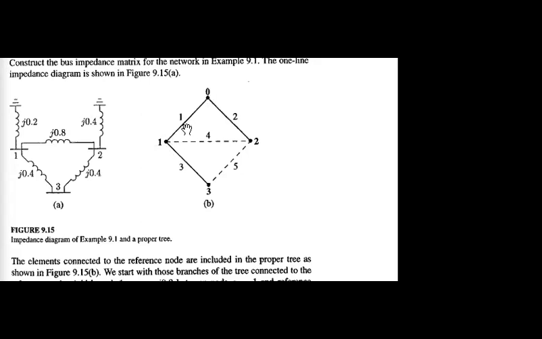When you consider this branch only, your matrix is a single element matrix, and consequently you will generate your desired Z bus. Initially it starts from a single element.